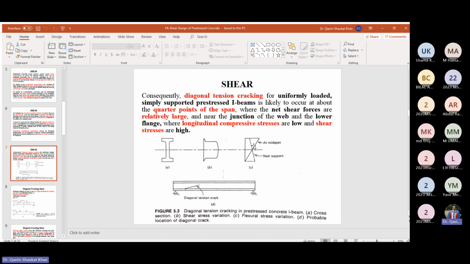In the hog you have compressive stresses at the bottom and tensile stresses at the top. So these are basically your flexural stress variation, and this is the diagonal tension crack, which they say originates at about 1/4 of the span.